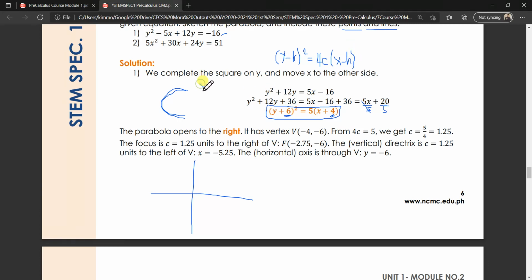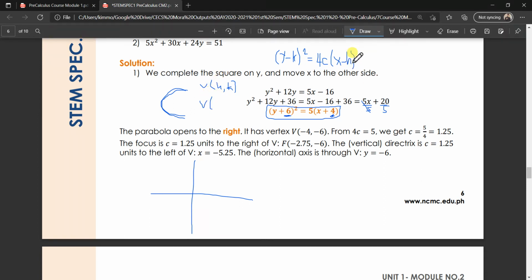And our vertex, the coordinate (h, k), is the same as the center of the circle. So what is our h? h is the one beside the x. Since in the standard equation it should be negative, and the answer we got is positive, that means the value of our h is negative, because a negative times a negative gives a positive.